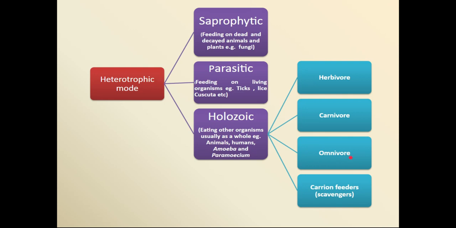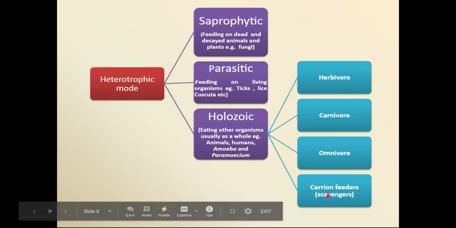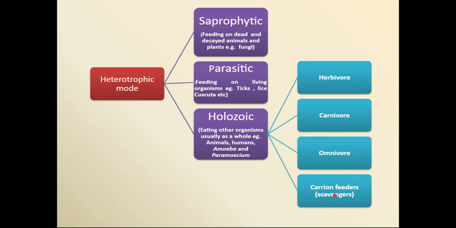Example: human, crows, etc. Now come to the carrion feeder. Carrion feeders are referred to as scavengers. When organisms feed on dead organisms, they are referred to as scavengers. An example of a scavenger is the vulture.